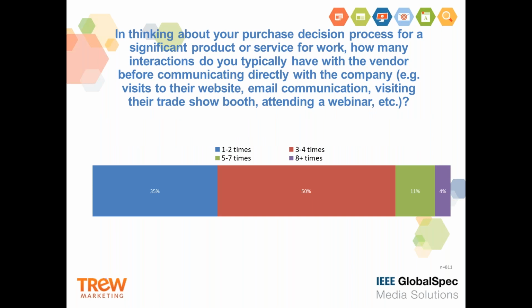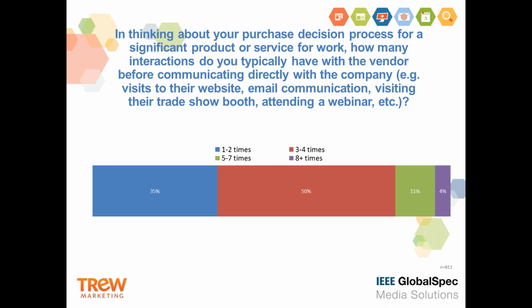Next slide, please. So here, the question is, in thinking about your purchase decision process for a significant product or service or work, where significant equals high value money in terms of your product, how many interactions do you typically have with the vendor before communicating directly with the company?